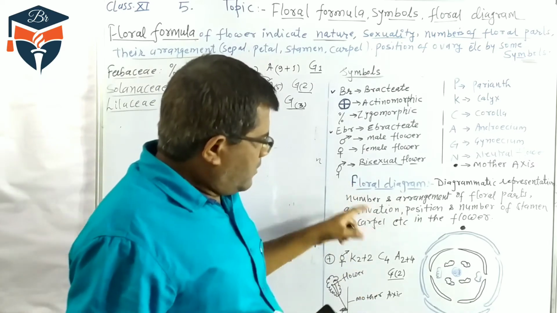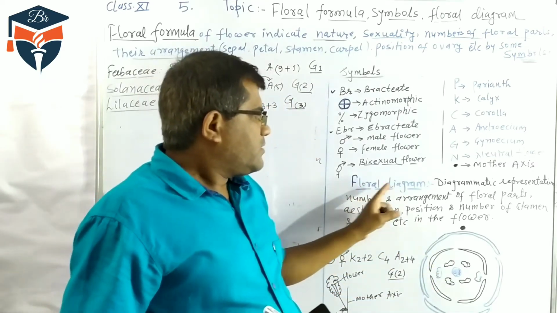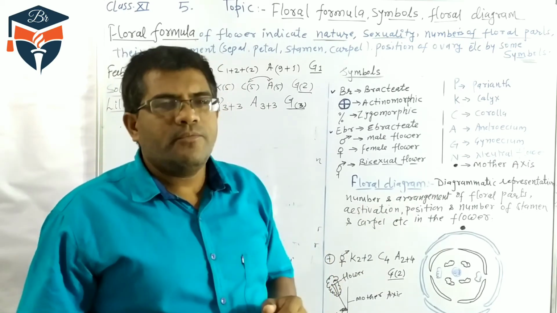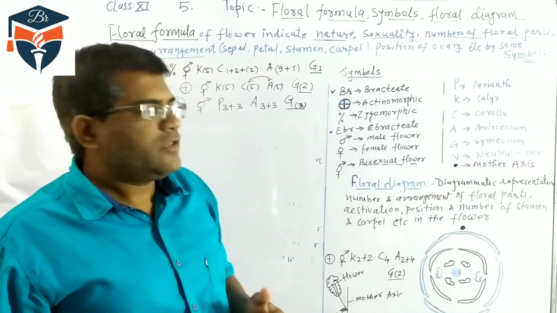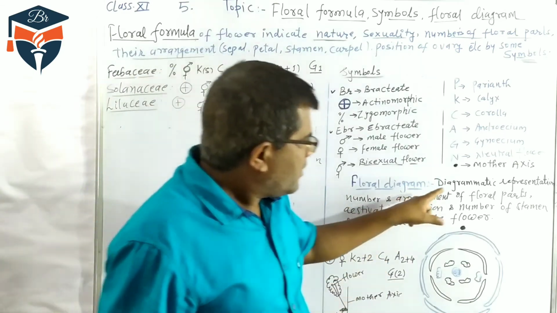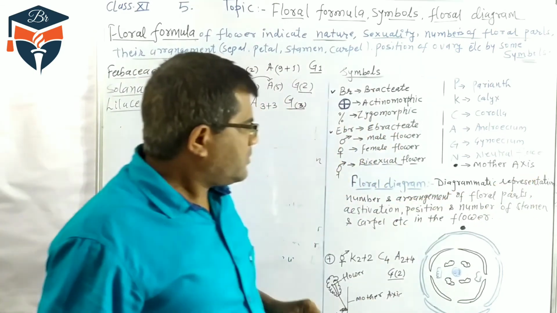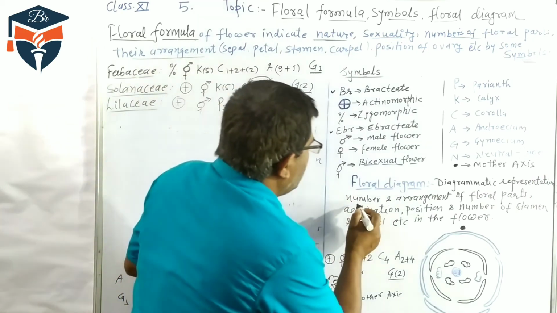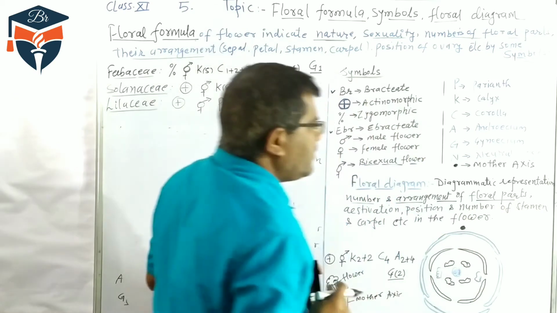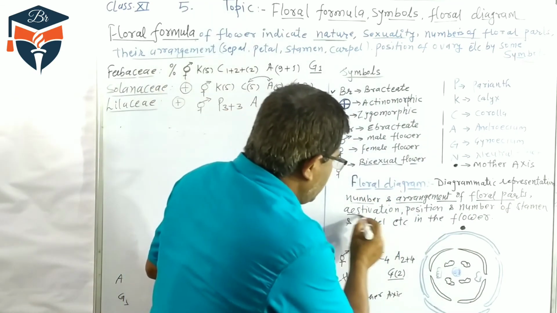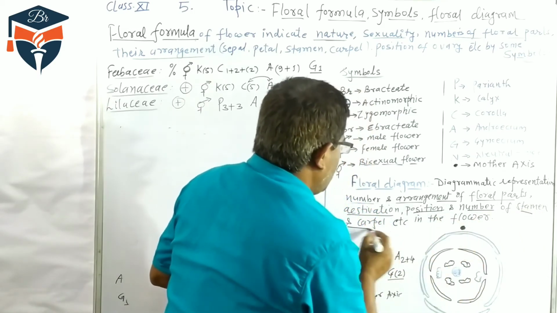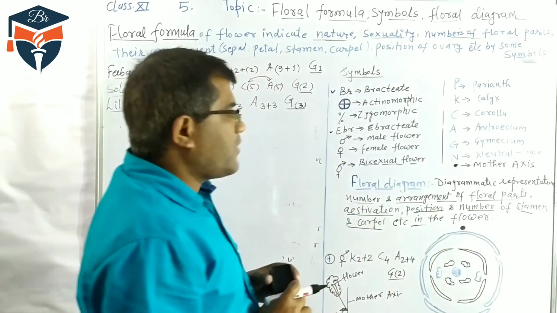Similarly, a very brief summary is given regarding the floral diagram. There is a detailed procedure while drawing the floral diagram, but we have to learn the definition here. Diagrammatic representation of number and arrangement of floral parts, aestivation, position and number of the stamens and carpels, etc. in the flower.